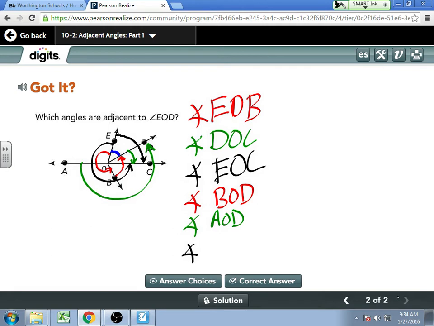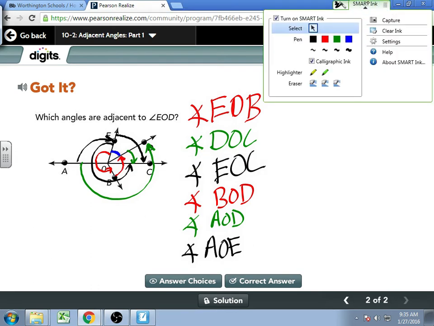But we could also have what you just said, AOE, because that will then be beside it. So do you guys see how there are many, many options when we start talking about adjacent angles? Because we can look at the smallest angles, or we can start combining angles into the bigger angles. So we're going to move on. There's probably even more here that we could list, but for now we are going to move on.